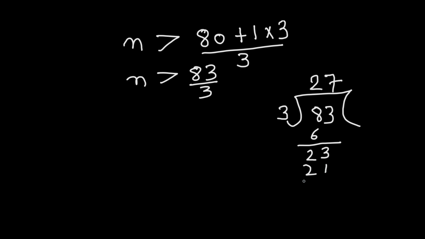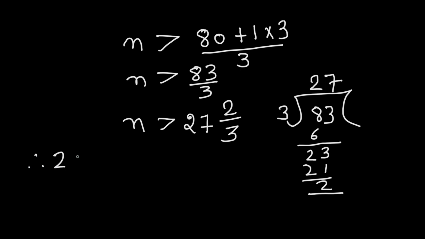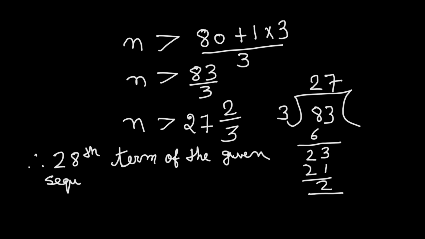So our remainder is 2. So we can write this as n is greater than 27 2 by 3. So as n is greater than 27 2 by 3, we can say that the 28th term of the given sequence is the first negative term.